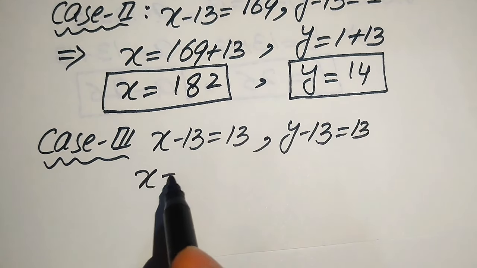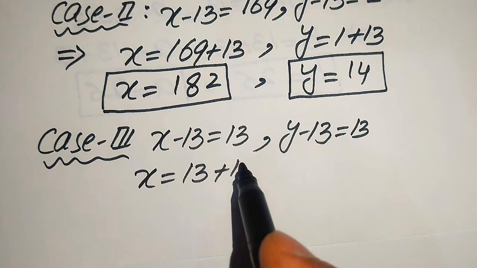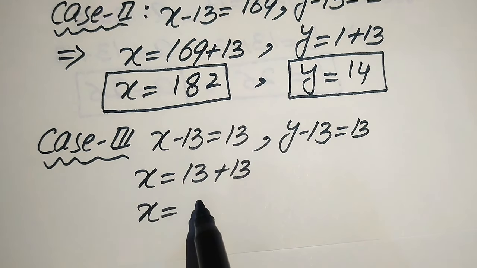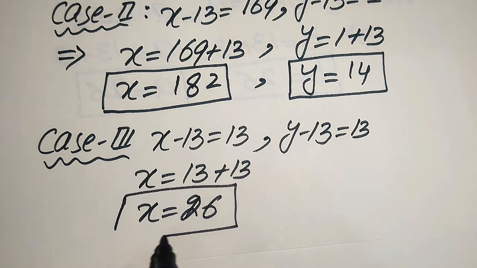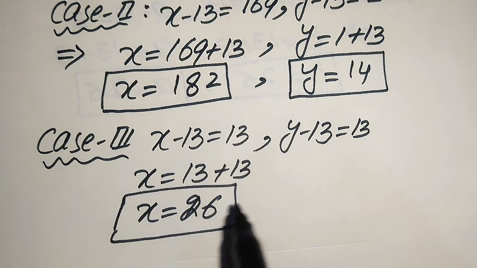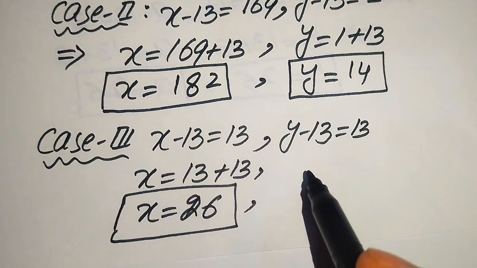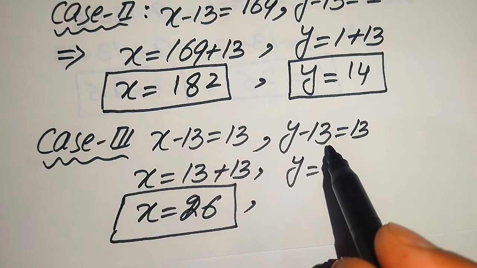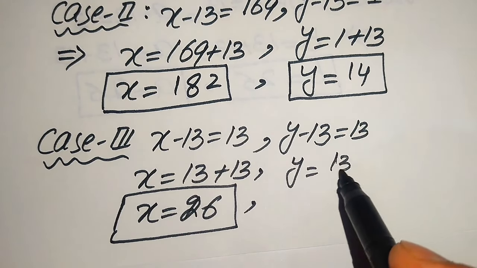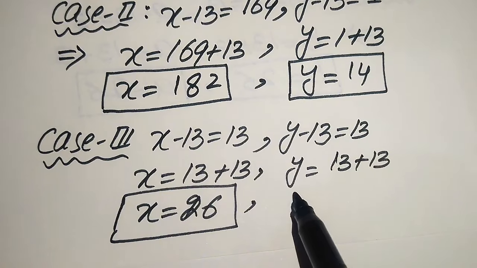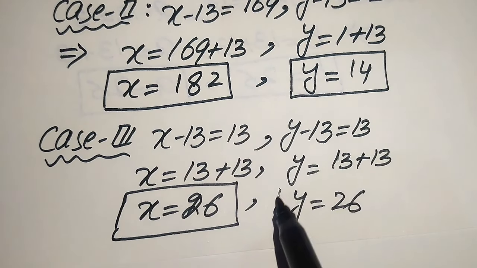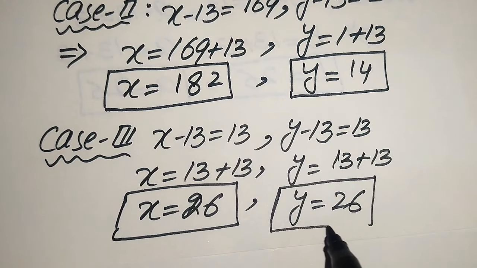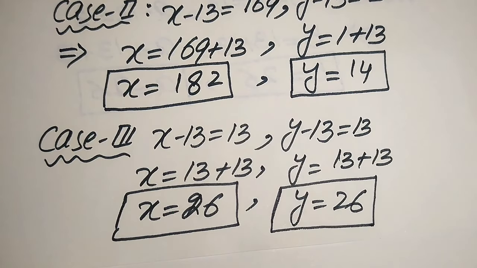So here you get the value of x equals 13 plus 13, and we get x equals 13 plus 13 becomes 26. So this is our value of x which we get here from the third case, and from here we again move this minus 13 to the right hand side and we get 13 plus 13, and this 13 plus 13 again becomes 26. So this is the value of y which we get here from the third case.